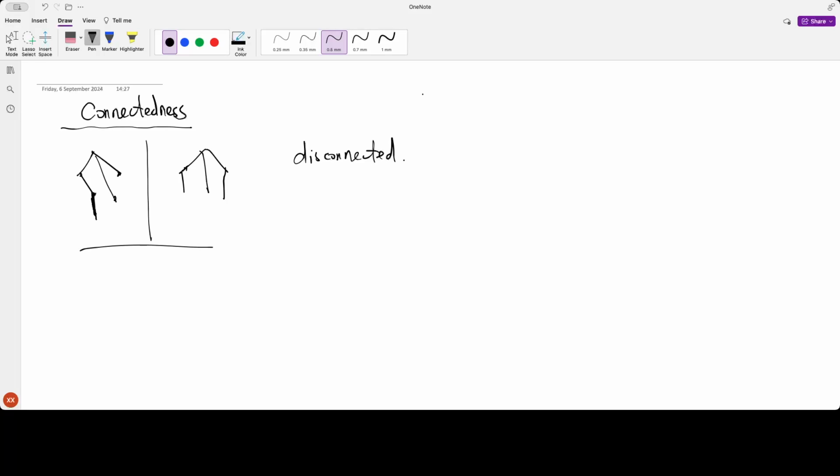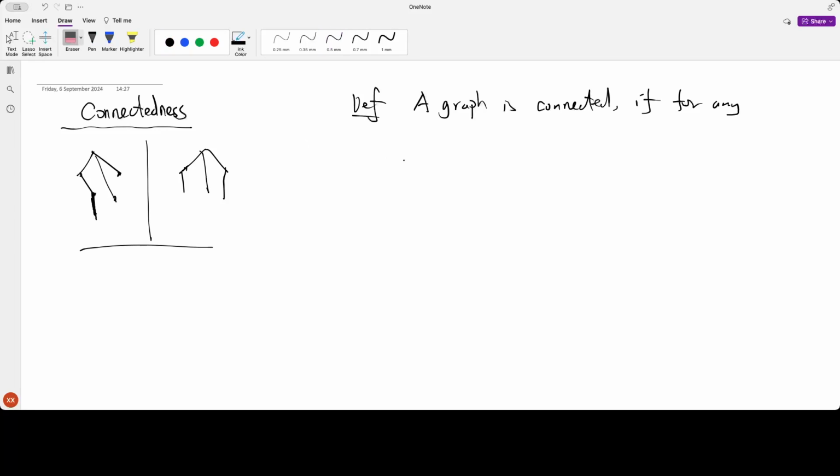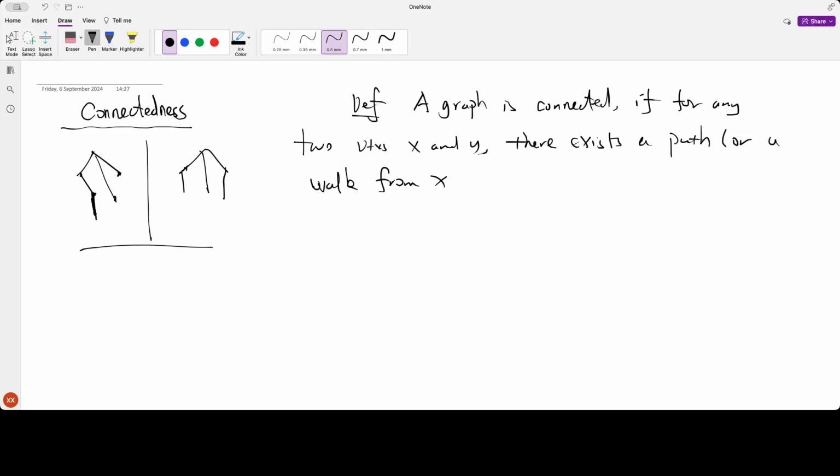So definition: a graph is connected if for any two vertices x and y there exists a path or a walk from x to y. Okay, so I think it's easy to understand.